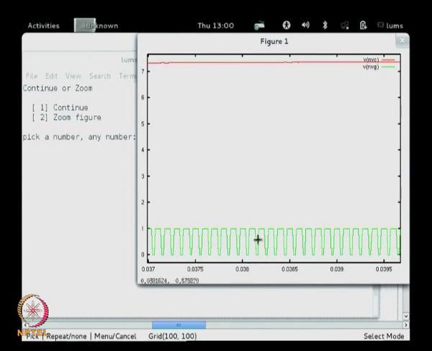This is the pulse width modulation waveform, something like 70% or so, which is seen at the gate of the power switch.